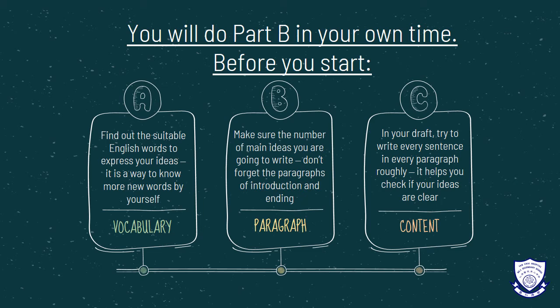Okay, and then the last part, content. In your draft, try to write every sentence in every paragraph roughly. It helps you check if your ideas are clear. Quite a number of students, whenever they are asked to write an outline, they might think it is more or less the same as drawing some brainstorming graphs.